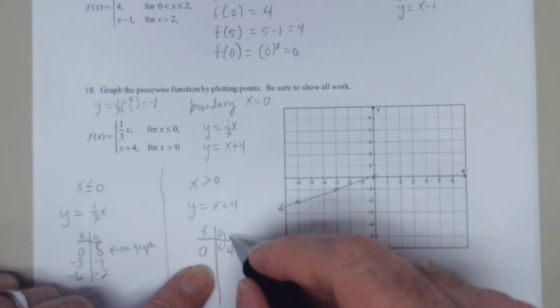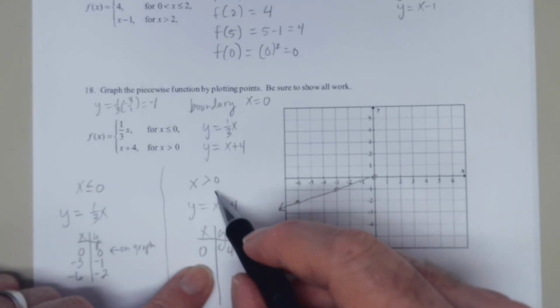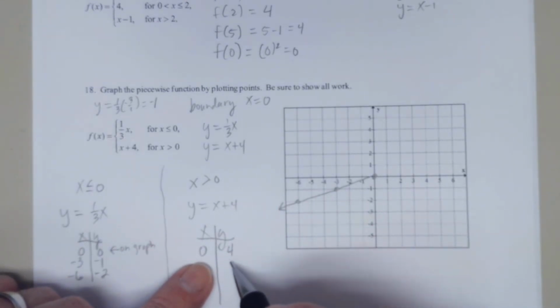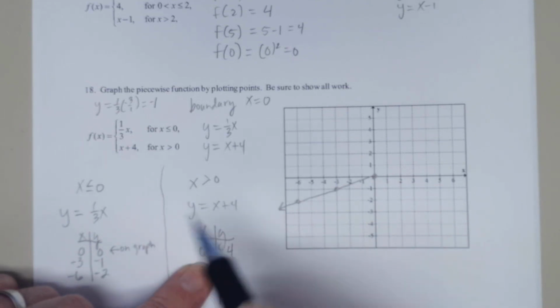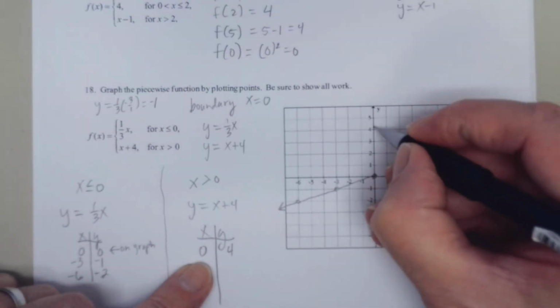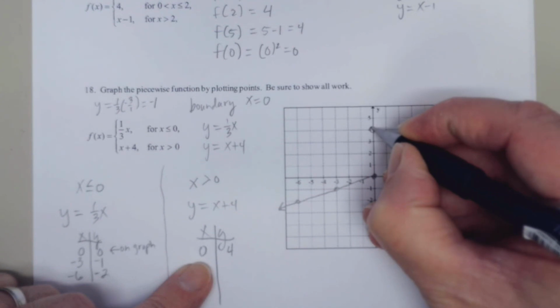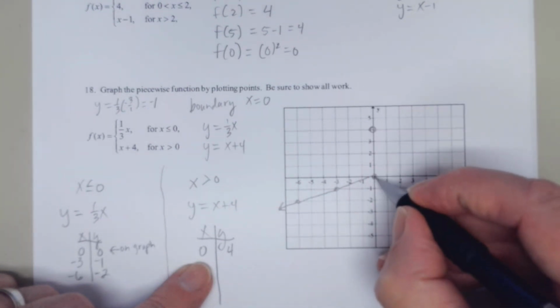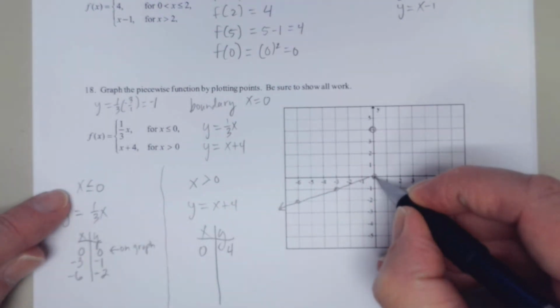Now this point is not going to be on the graph because, again, I'm finding this value because it's a borderline value. It's where things change. It was at 0 that things change. We're going to want that point on our graph, but it's not going to be included, so it won't be solid. It'll be open. So it'll look like this. See, when x is equal to 0, we're using the other graph.